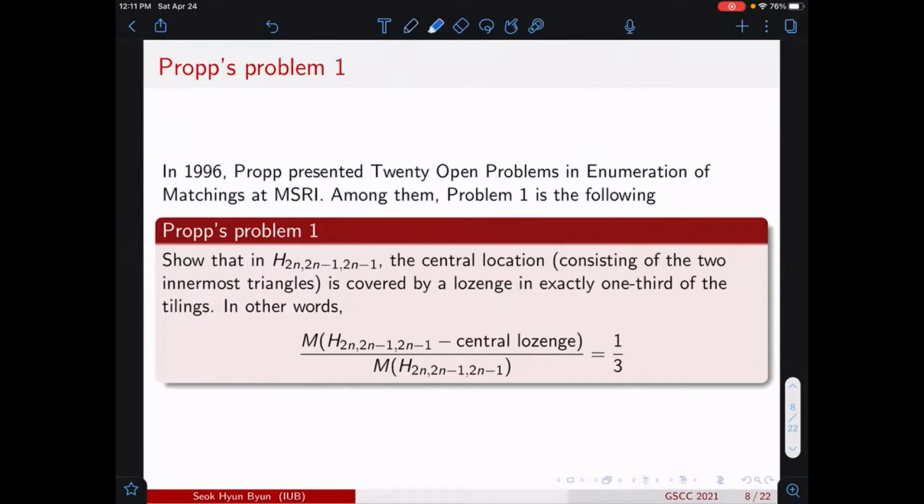We have this hexagon, and what we are going to do is cover the central location by a lozenge. The problem is asking that this ratio is exactly 1/3. Maybe it is not clear, so I provide some examples in the next slide.